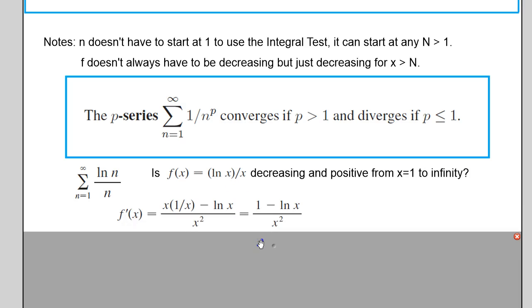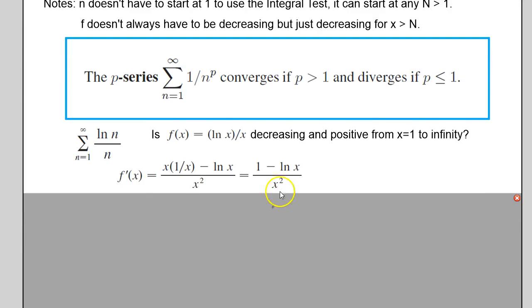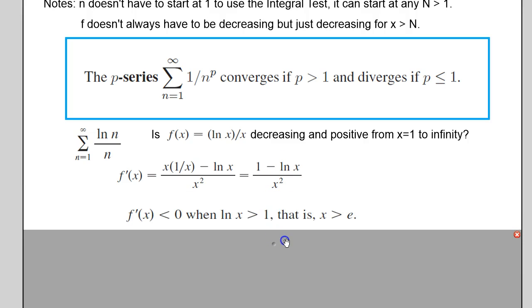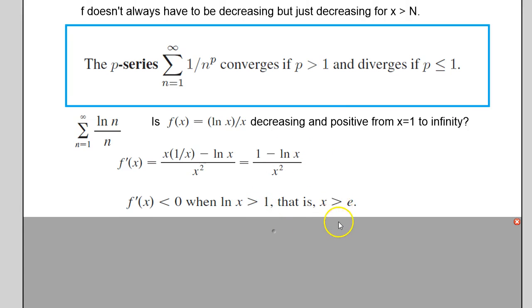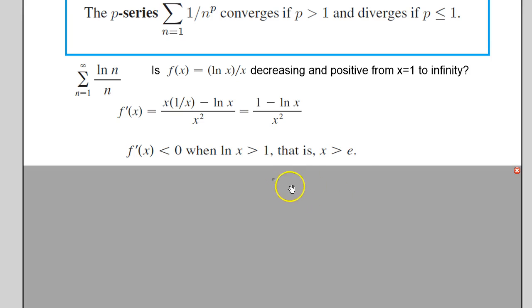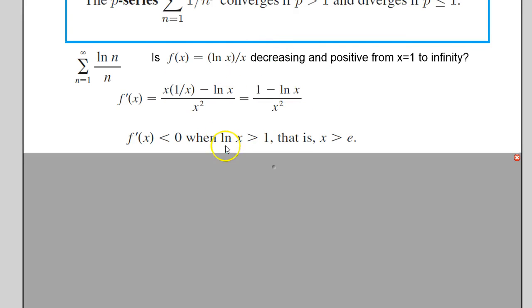So we take the first derivative, and as x is bigger than 1, the denominator is always going to be positive, and the numerator, 1 minus natural log of x, is going to be negative. So therefore we can say that the first derivative is less than 0 when natural log of x is greater than 1, which is when x is bigger than e. So we can say that for any x bigger than e, the function values will always be decreasing.